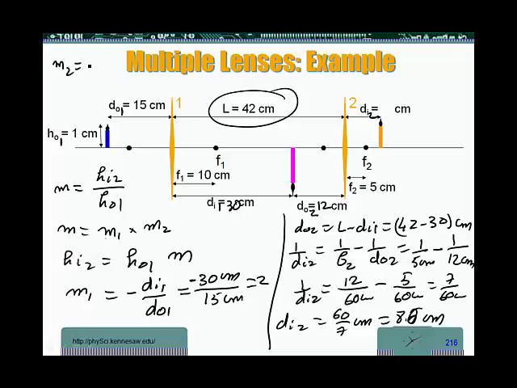M2 is equal to minus DI2 over DO2. DI2 is what we said, 8.6 centimeters. By the way, I forgot the minus sign there, it's equal to minus 2, of course. So minus 8.6 over DO2, which is 12.